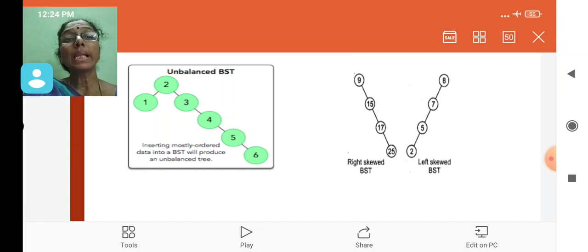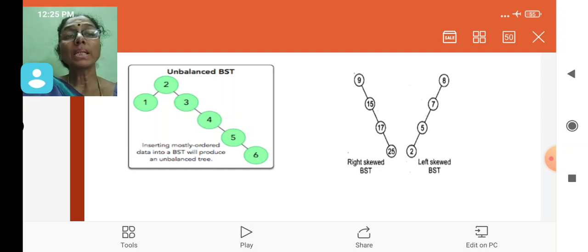Suppose you are inserting elements only in the right child, the tree is imbalanced and growing on only one side. So this is the drawback of the binary search tree: it produces an unbalanced tree.